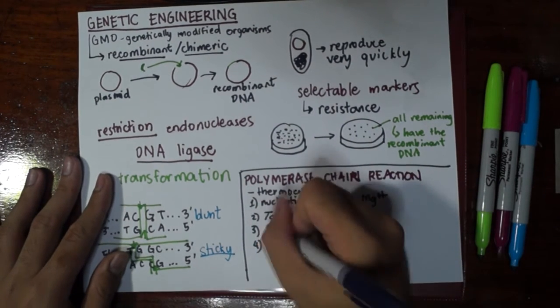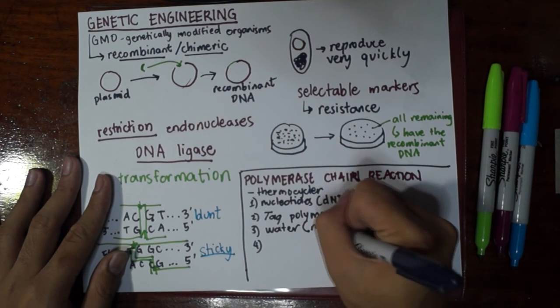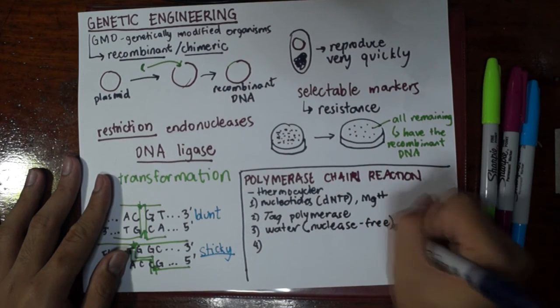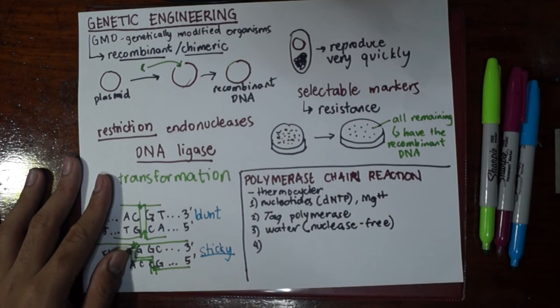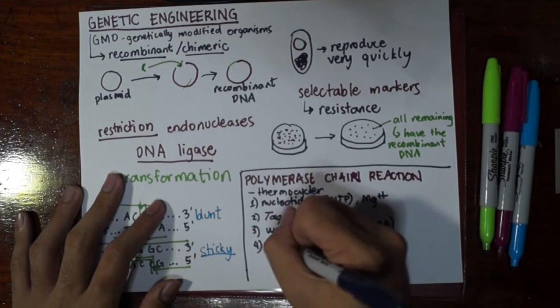Of course, you need the solvent, water, which should be nuclease free. Of course, if it has nuclease, then there's no point. You want to produce nucleotides, but it has enzymes that break up the nucleotides, and of course the DNA.